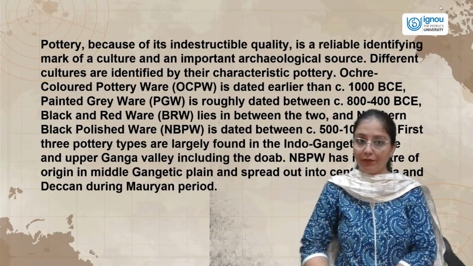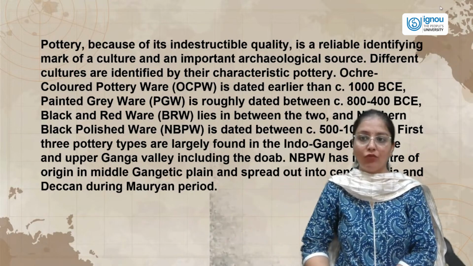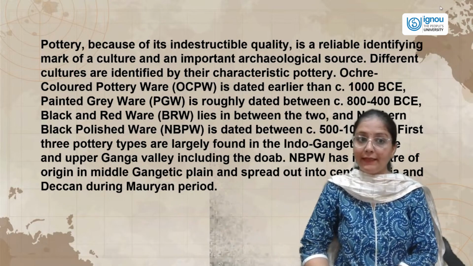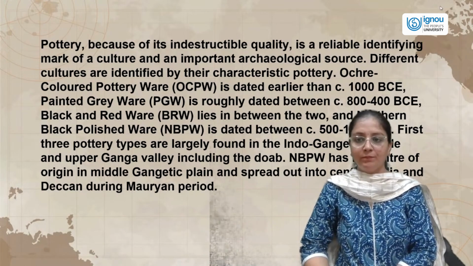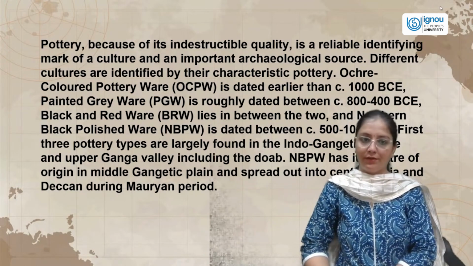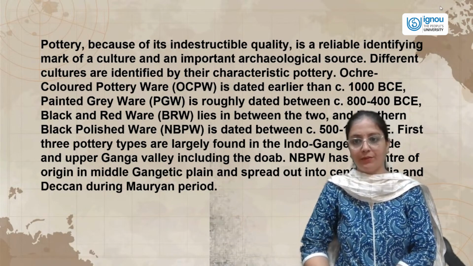Ochre Colored Pottery ware, OCPW, is dated earlier than c. 1000 BCE. Painted Grey Ware is roughly dated between c. 800 to 400 BCE. Then there are Black and Red Ware and Black Polished Ware.